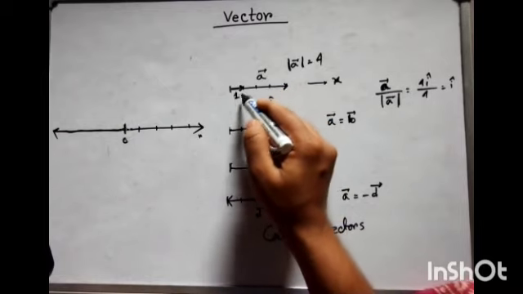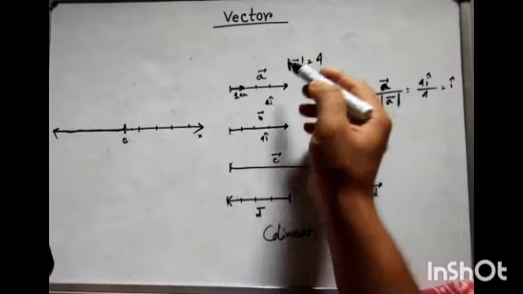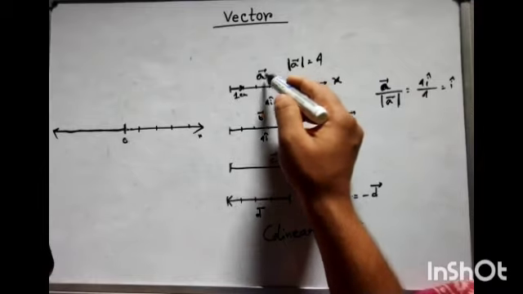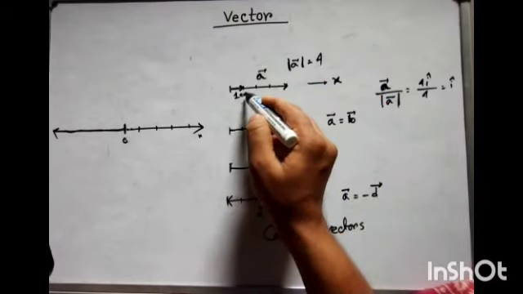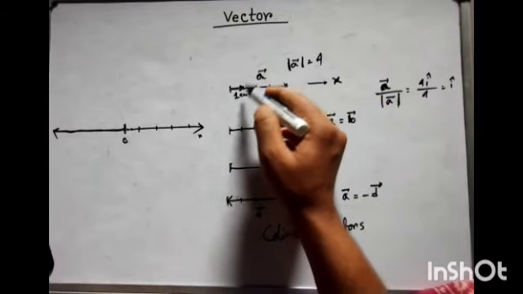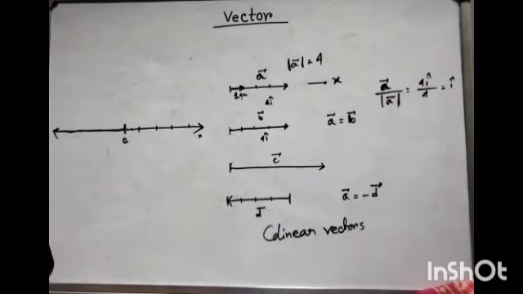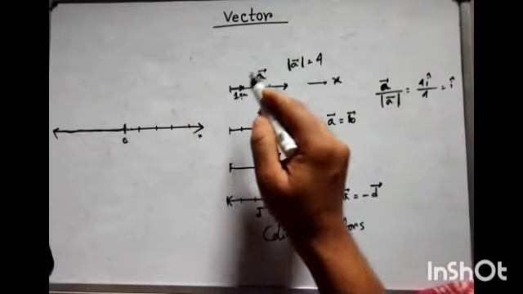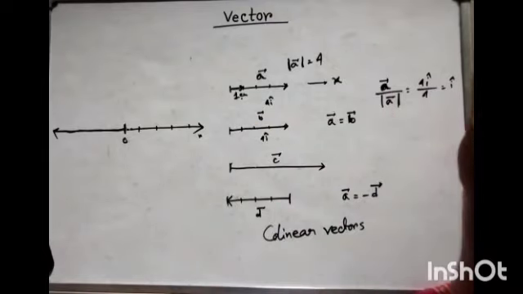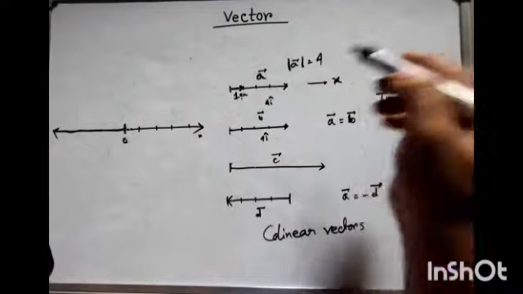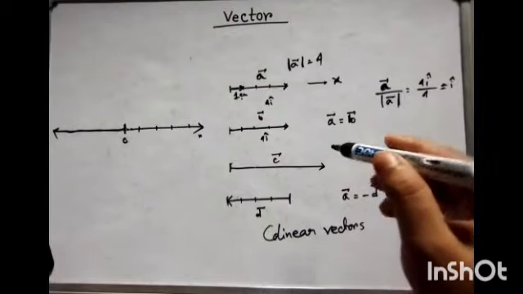If this is a distance vector, it will be 1 centimeter. If a is a velocity vector like 4 centimeter per second along the x-axis, then this will be 1 centimeter per second. That means the unit of the unit vector is the same as the unit of the original vector. So the unit vector has magnitude 1 and the same direction as the original vector. That is the unit vector.